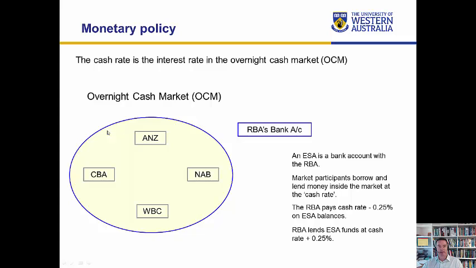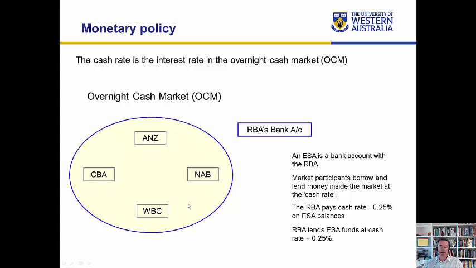And that 750 million basically sits in the exchange settlement accounts of the various financial institutions in this market. And these ESAs are bank accounts with the Reserve Bank. So total balances in the ESA is approximately $750 million. Now remember, I've just got 4 financial institutions in here. There are many more than that actually operating in the market.